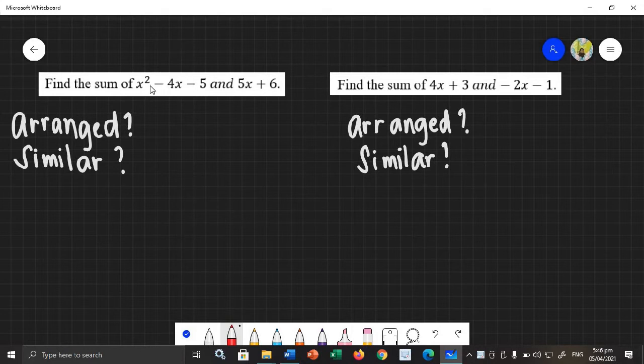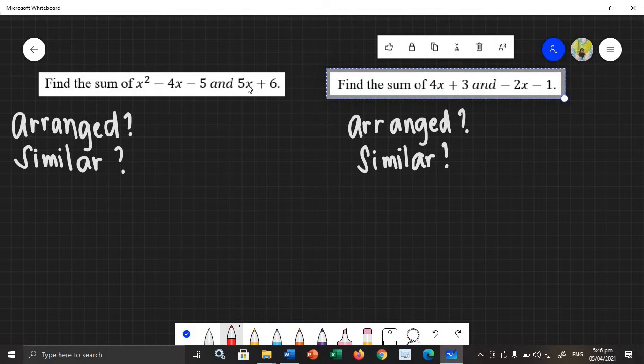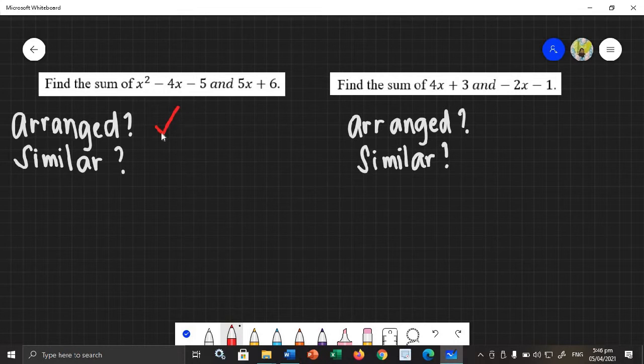The addends are the numbers or terms being added. So, is x squared minus 4x minus 5 already arranged in standard form? Yes, it is. How about 5x plus 6? Yes, it is also arranged in standard form. Therefore, your two addends, or your two given, are already arranged in standard form.